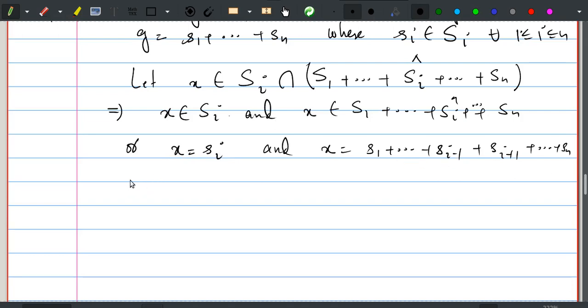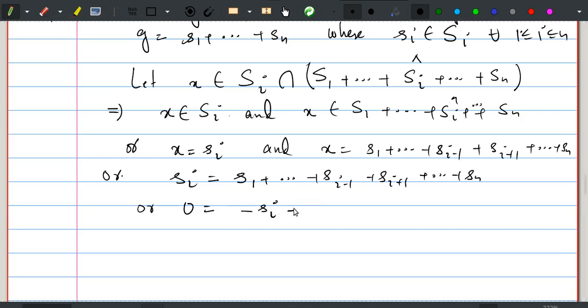Now this X is the same as Si and this X is the same as this sum. This implies Si is the same as S1 plus so on plus Si minus 1 plus Si plus 1 plus so on plus Sn, or 0 is equal to minus Si plus S1 plus so on plus Si minus 1 plus Si plus 1 plus so on plus Sn.